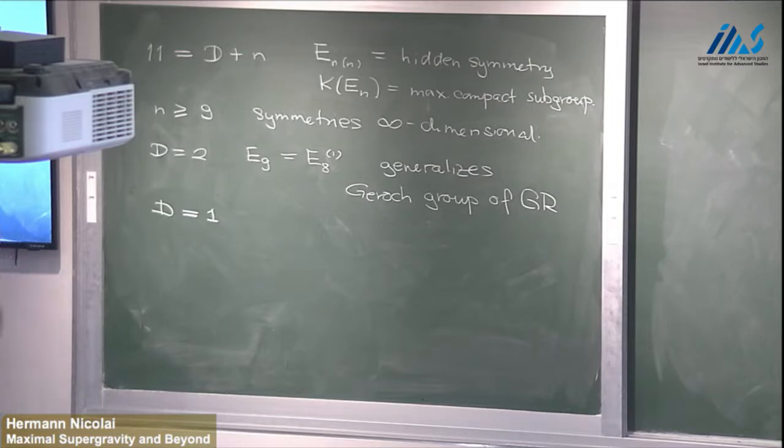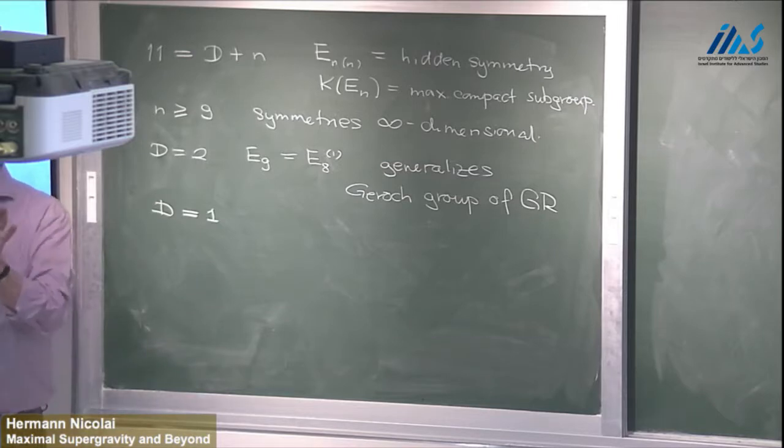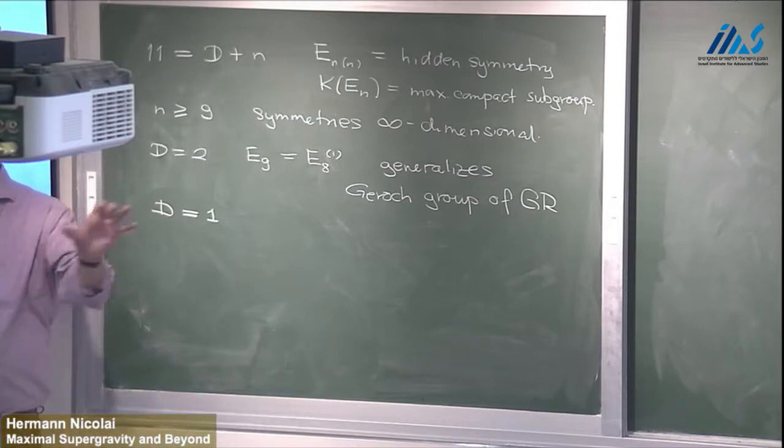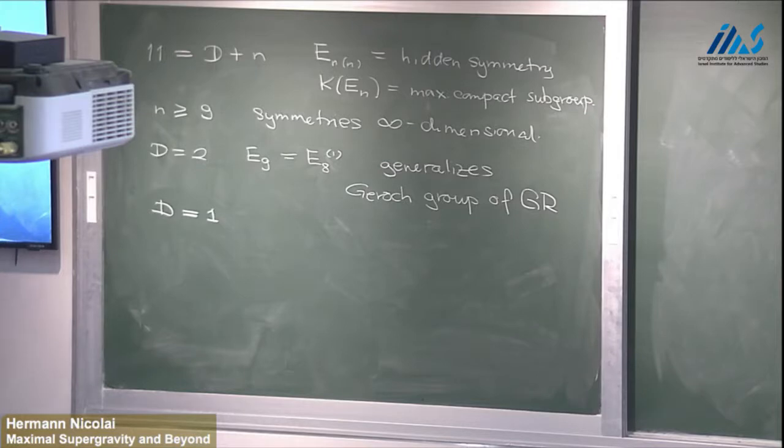The E9 acts as a solution generating symmetry just the same way as it acts in general relativity. So you can start from the empty space Minkowski solution, and with the Geroch group you generate all kinds of axisymmetric stationary solutions of the type that Gary was talking about. So you can even put black holes on a string or make them rotate.